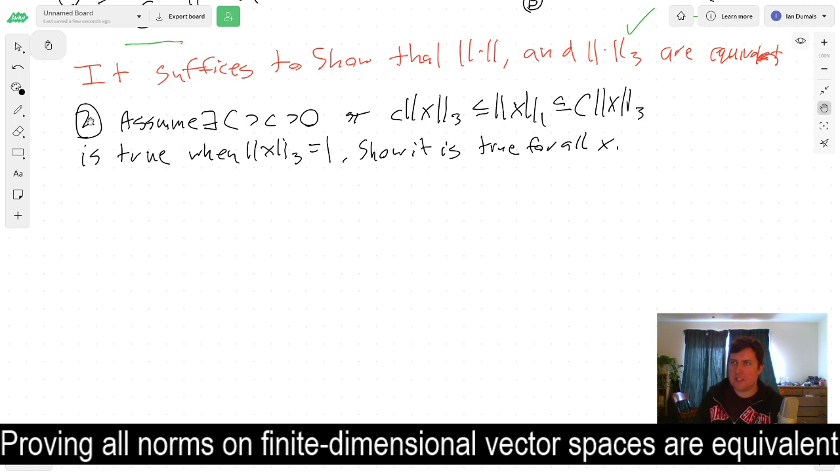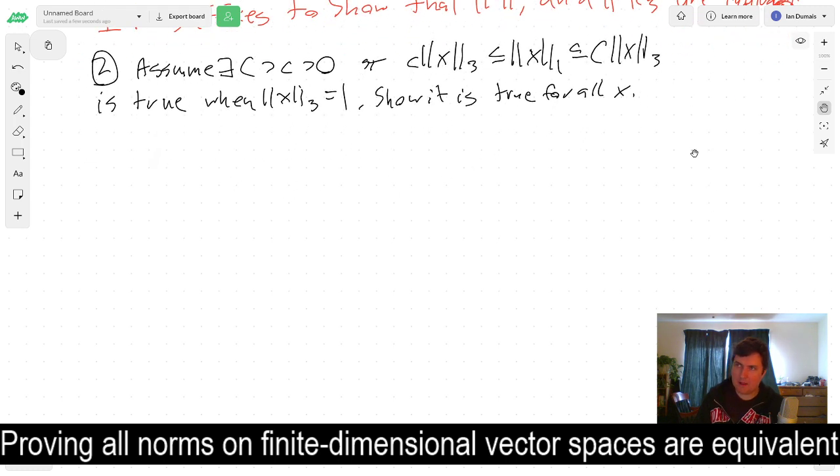All right, so the goal of this step again, just to reiterate, we're going to show that if it's true for your unit vector, it's true for all vectors. Then we're only going to have to show this is true for unit vectors, a unit sphere, if you will. And that'll be doable. Let u equal x over the norm of x3.